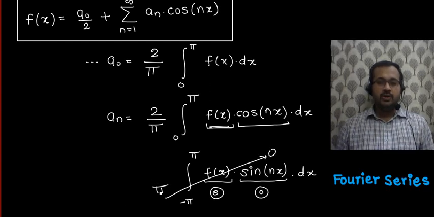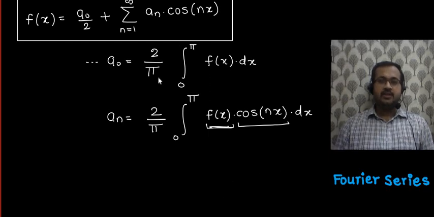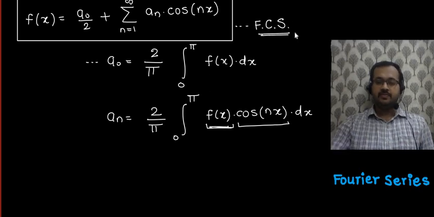So there will be no term containing bn, meaning there will be no term containing sin nx in the Fourier series. Therefore, this is our Fourier cosine series when the function is an even function.